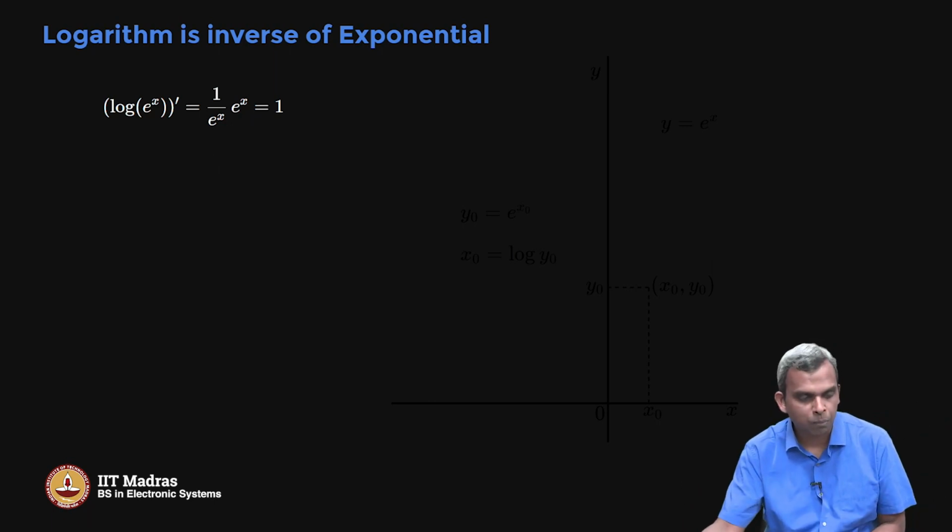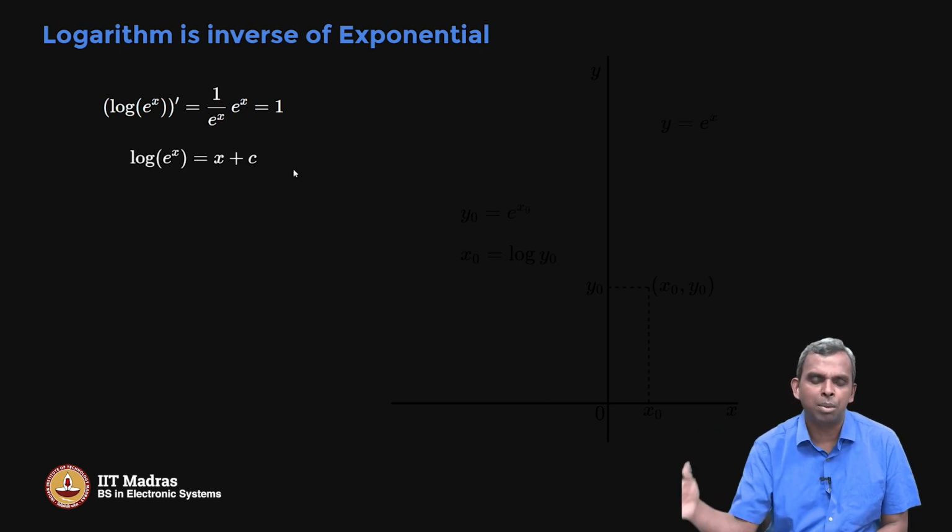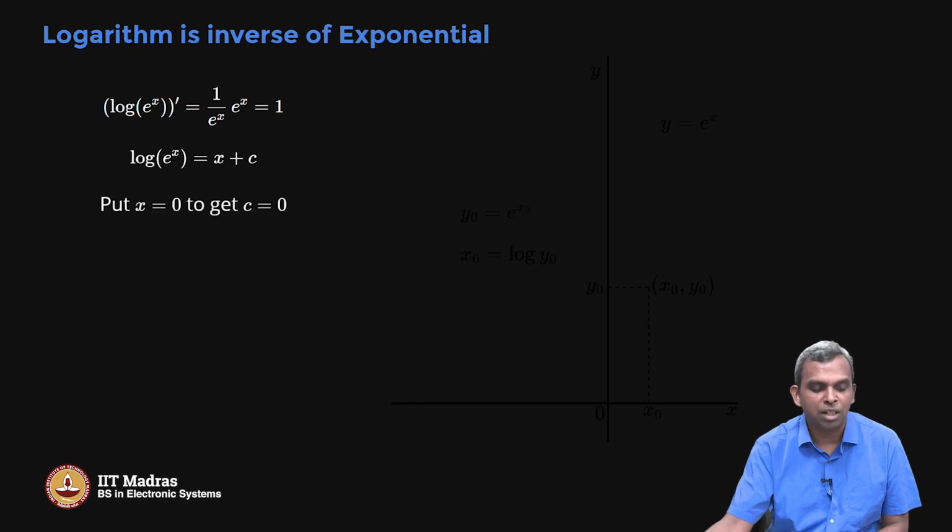Both are possible. Now, derivative is 1 doesn't mean log of e power x is equal to x, right? Log of e power x is x plus c. Some of you may be thinking that, but this is easily settled if you put x equals 0. Notice the choice of log 1 being 0, that was crucial here. So if you actually put x equals 0, log of 1 will be 0 and then 0 equals 0 plus c and c becomes 0.